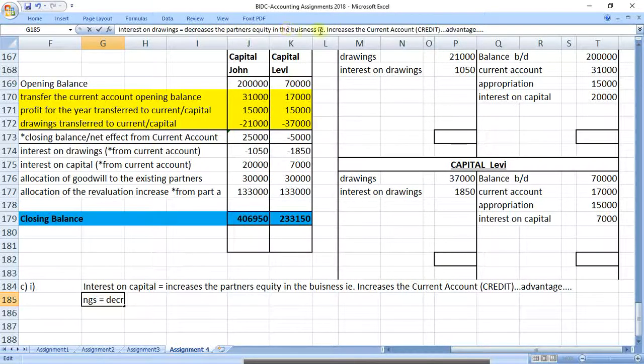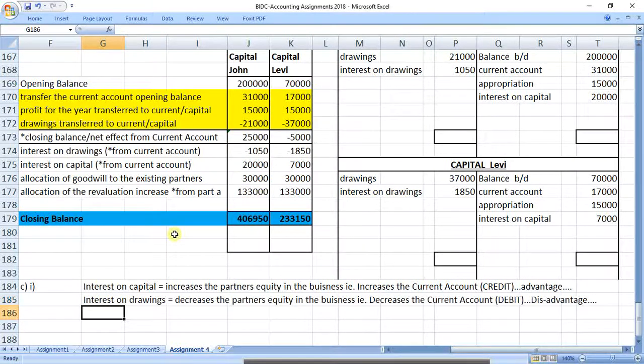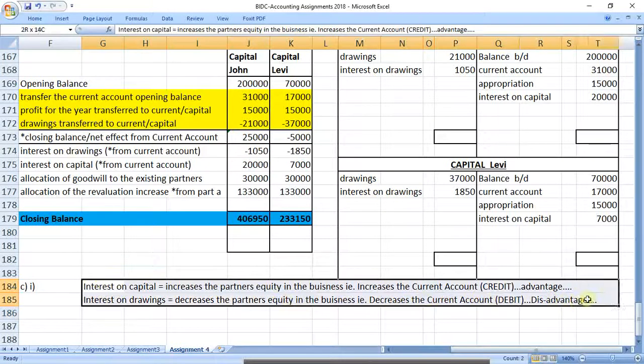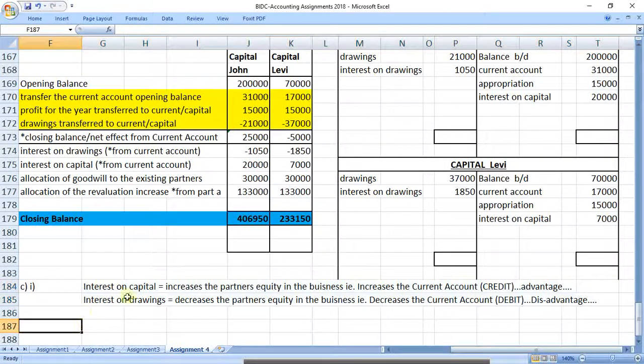Decreases the partner's equity in the business. Decreases the current account. Debit, not credit. Debit and disadvantage. Okay, so it's literally the exact same thing, just the opposite. Okay, and that's the first 2.